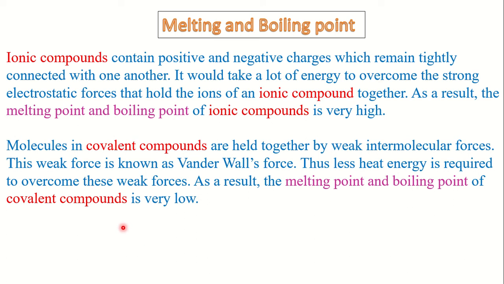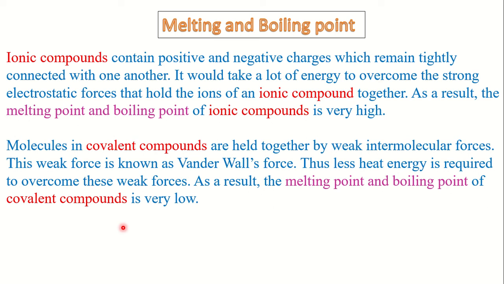So, dear students, here look one thing. When you will melt ionic compound, then you have to break the bond. When the bond is broken, then ionic compounds become liquid. That means in liquid state there is no ionic bond, just the ions freely move in the solution. But covalent compound, when you will melt a covalent compound, the covalent bond is not broken.